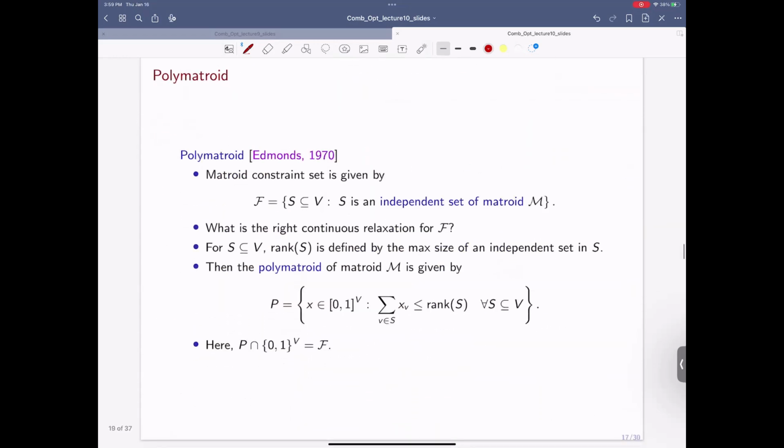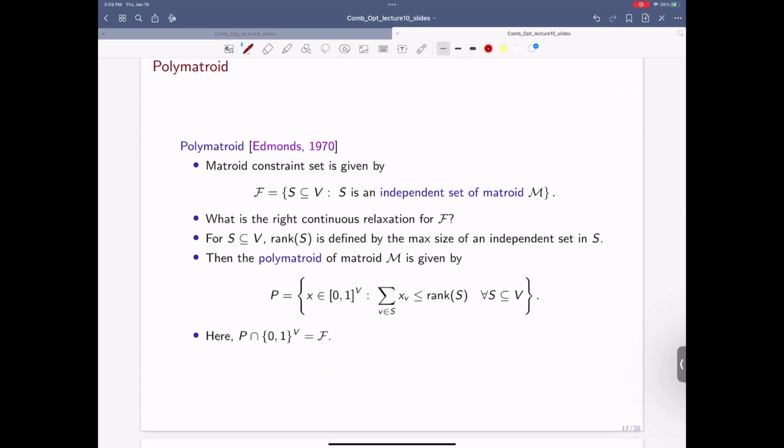All right. And the collection of independent sets for a matroid can be relaxed with this polymatroid, where I have this rank function. So this is almost like the extended polymatroid we talked about from the previous lecture, but I have this 0, 1 bound. I mentioned that the rank function of a matroid gives you a submodular function.